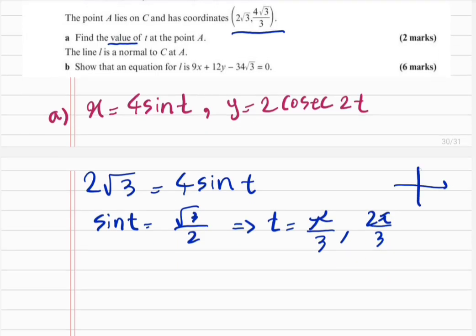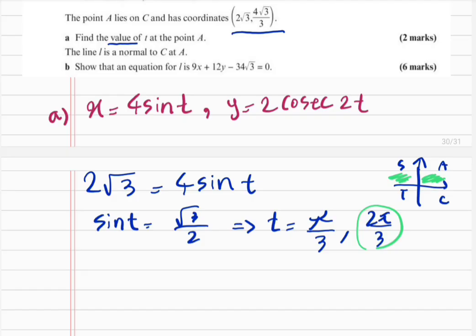And if you remember the CAST diagram, the regions that we have for the values of t are here and then here. So in order to find 2 pi over 3, we do pi minus pi over 3 to get 2 pi over 3. But I will explain this in detail in the trigonometry chapters, not here, because here is about differentiation and applying that.